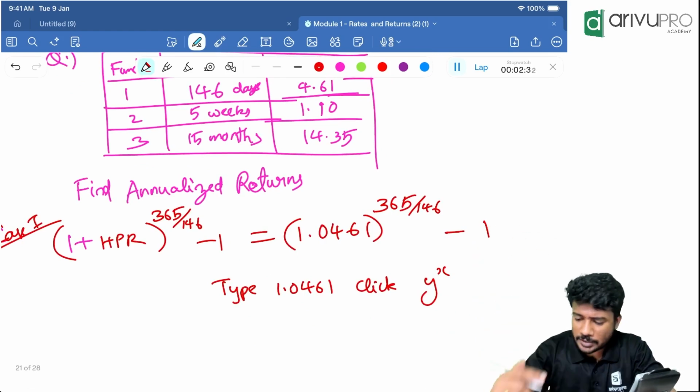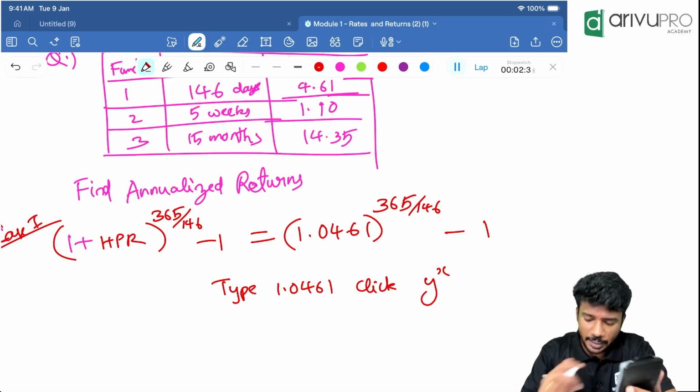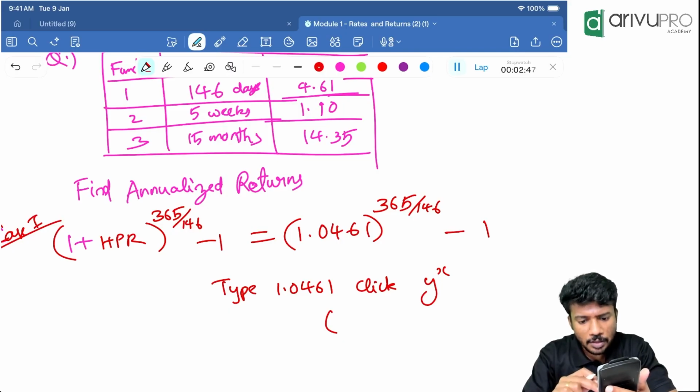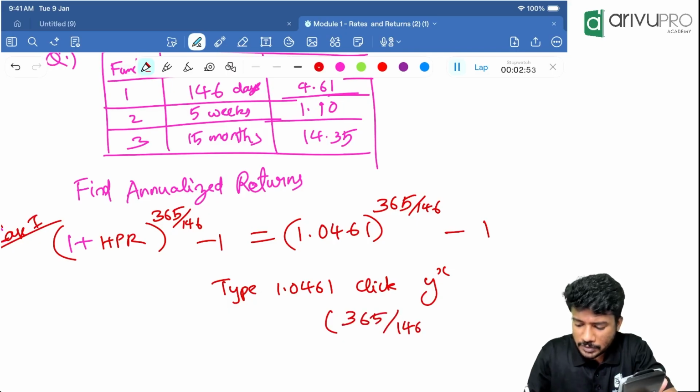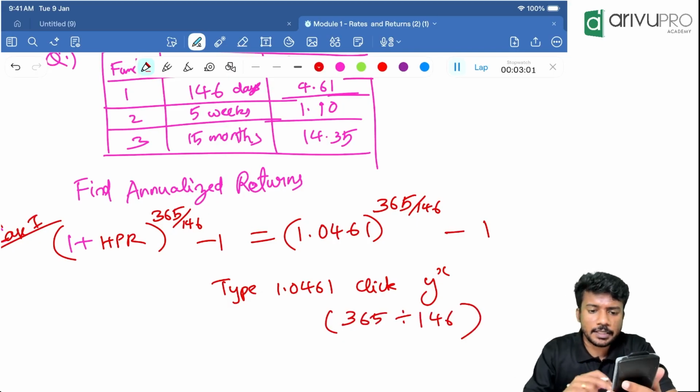Now you need to find 365 divided by 146, so put the bracket, click 365, divide by 146, then close the bracket and click equal to.